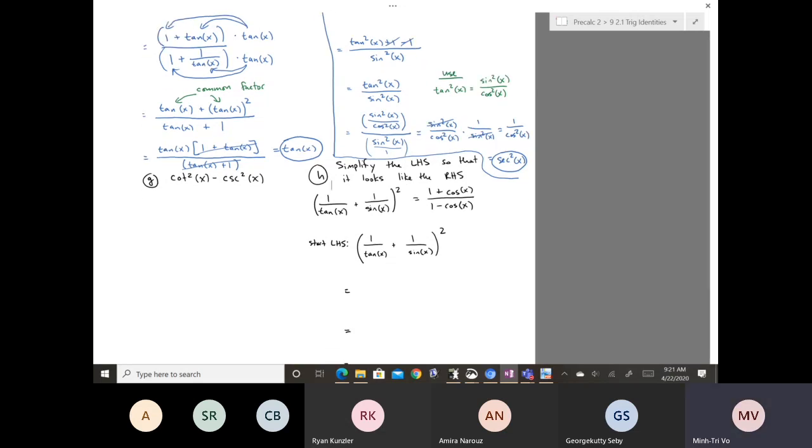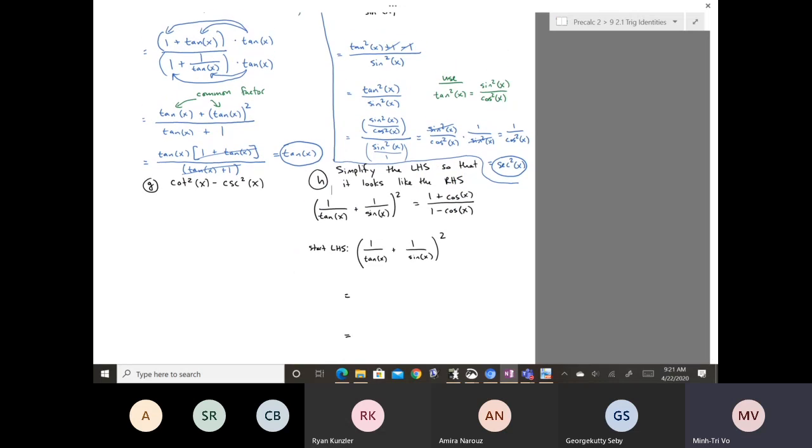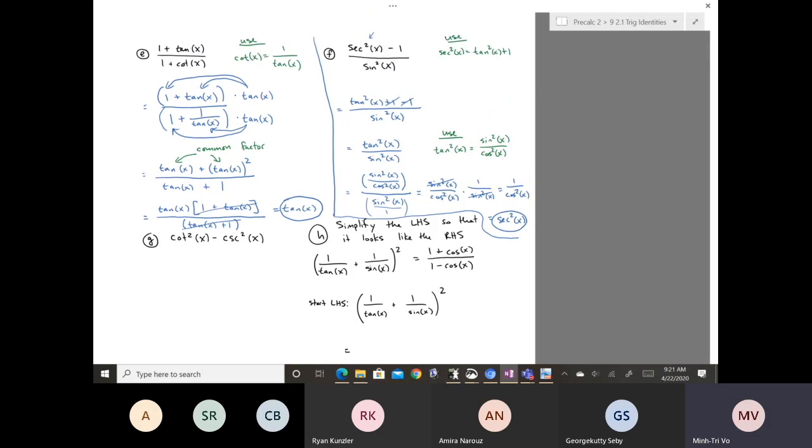But again, there's no real general procedure that tells you which identities you should always use and so on.